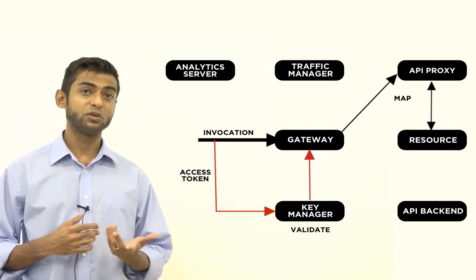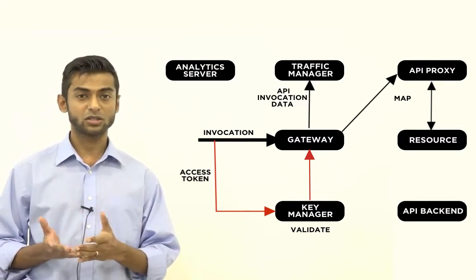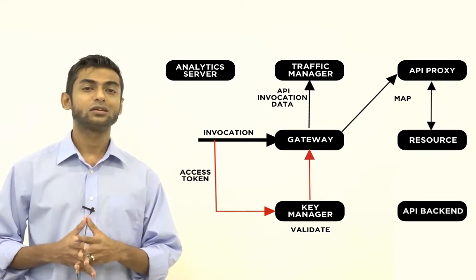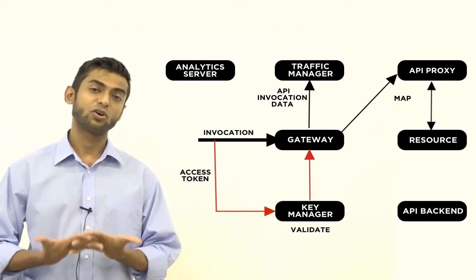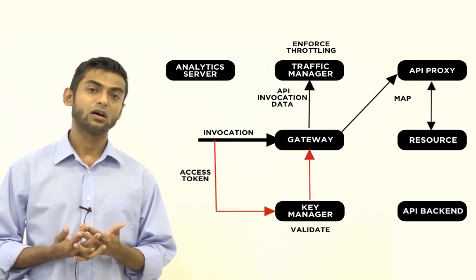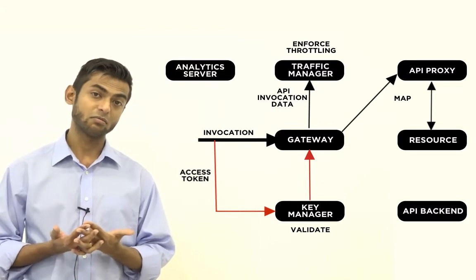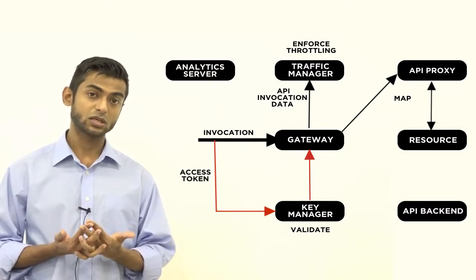So provided that the API call is deemed to be valid, the next thing that the API gateway does is it will publish API invocation data to the traffic manager. The traffic manager is responsible for enforcing throttling policies for the API proxies that are created by WSO2 API manager.